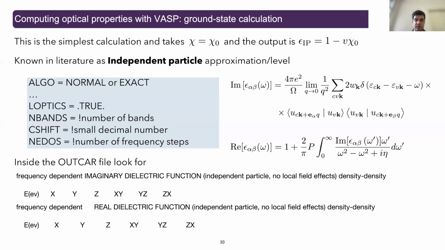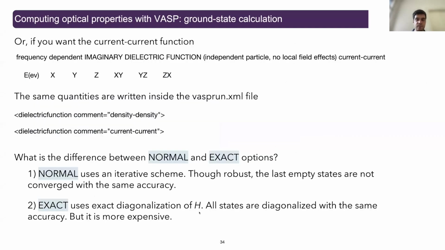Once the calculation is done, you should look for the dielectric function inside the OUTCAR file by searching for these two entries for the density response, or look for this entry if you want to study the current response. The same quantities will also be written inside the vasprun.xml file.